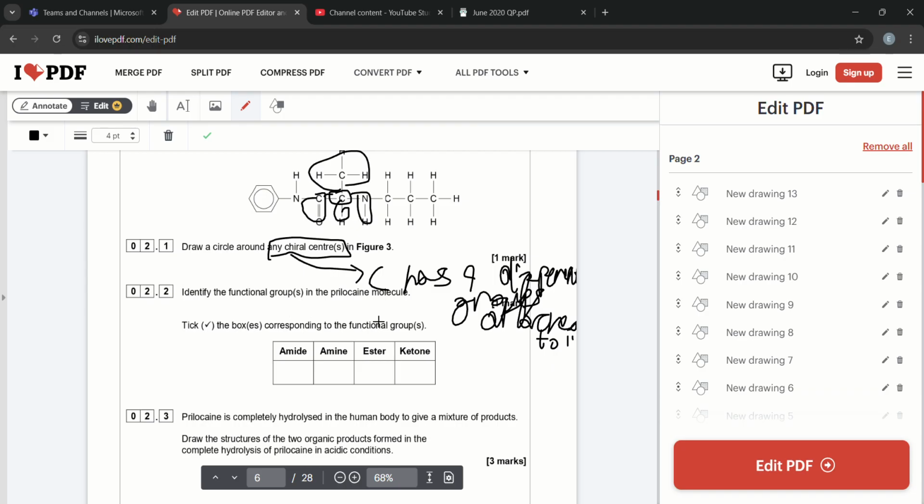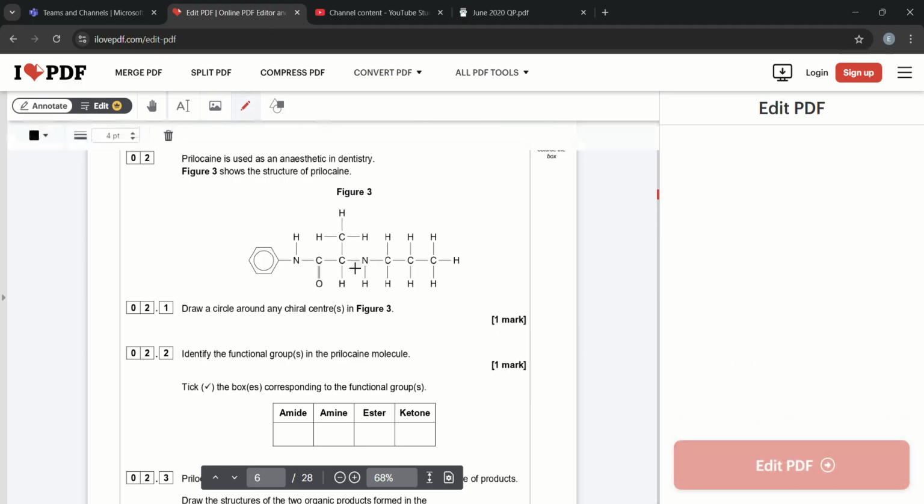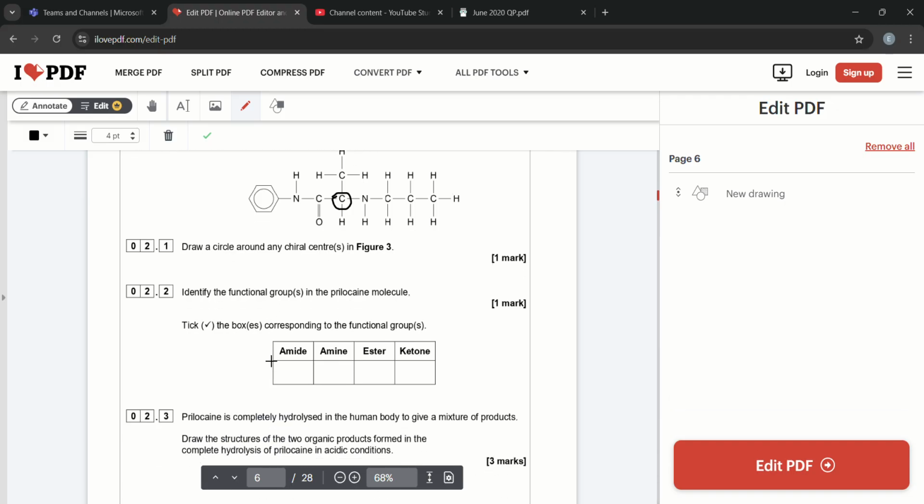Identify the functional groups in the prilocaine molecule. Well, actually, that's not going to be clear for the examiner. It said just show a circle. So yeah. So we know that amide is... ester, CH3 R C, and it's going O R. It's not going to be an ester.